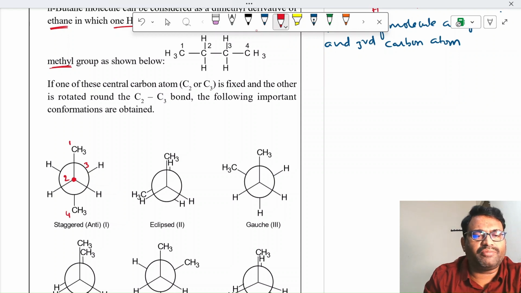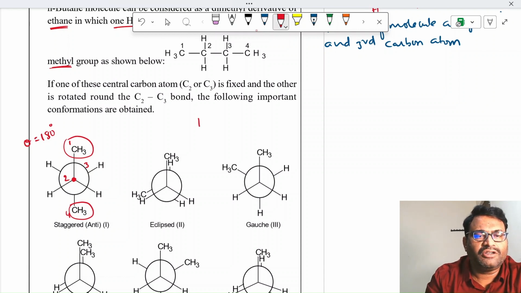So what is this conformation called? See here, two methyl groups are at 180 degrees. We are considering the dihedral angle between CH3 and CH3. Here theta is equal to 180. These two are bulky groups compared to hydrogen. Bulky means larger size.